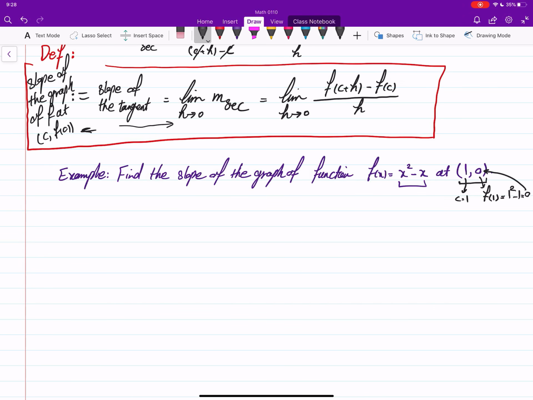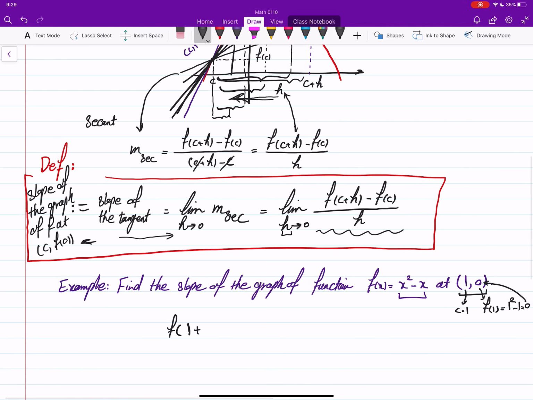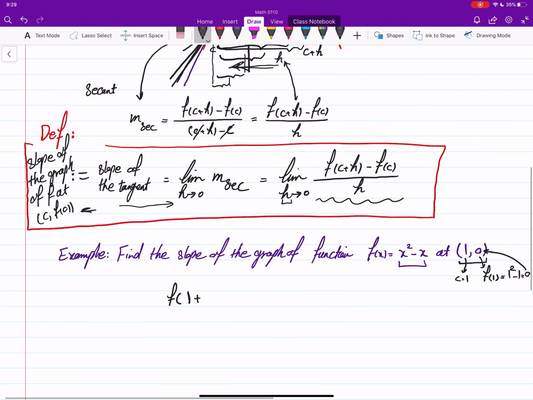Meaning that I have to do f of c plus h, the formula is here. c in this case is 1. So 1 plus h. Just write it as h. Remember, h is a variable that we are going to let go to 0, let it get smaller and closer to 0.